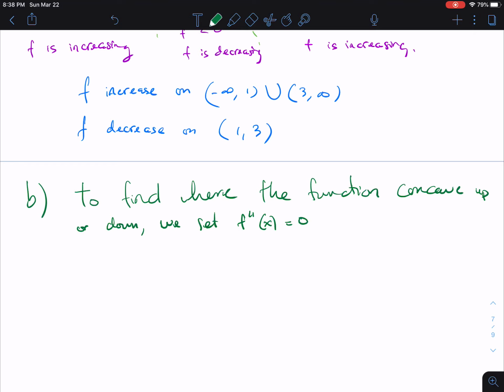So this is like finding the critical value, but it's kind of like finding the critical value for the second derivative. So let's make that note there. And this will tell us about concavity.